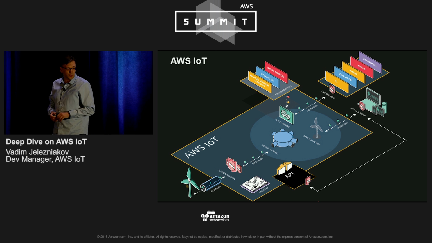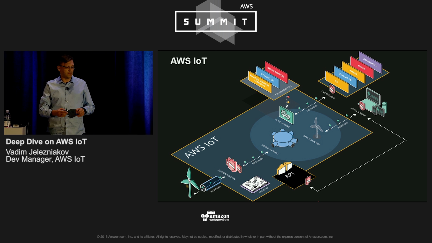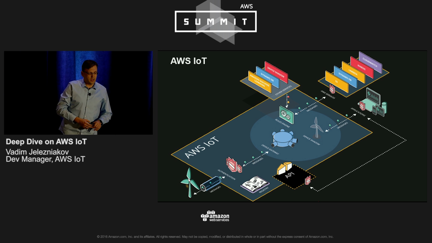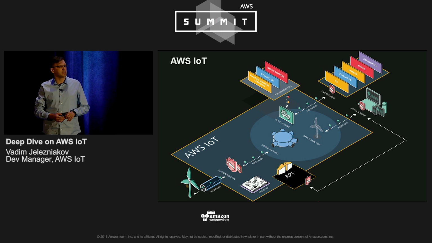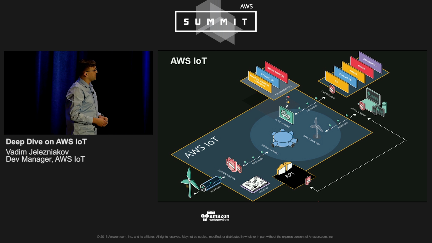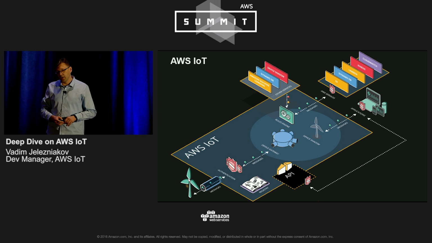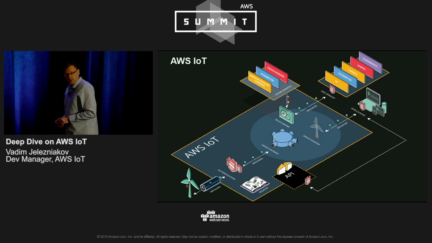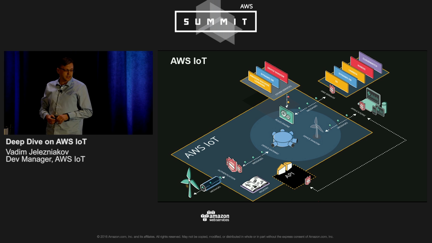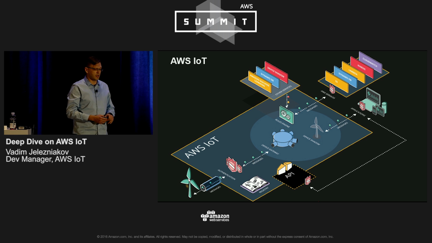We also have the rules engine, and that's the component that we're going to focus on mostly during this session. And then we have the device registry. That's the service that stores all the metadata for devices that we know about in our system. And lastly, we have the control plane, which is all the create, update, delete APIs for all the resources within AWS IoT.